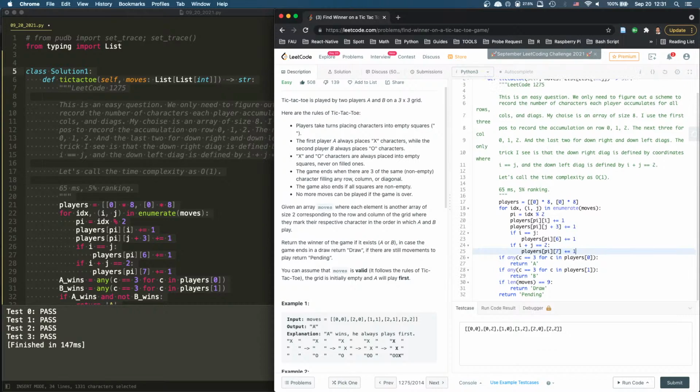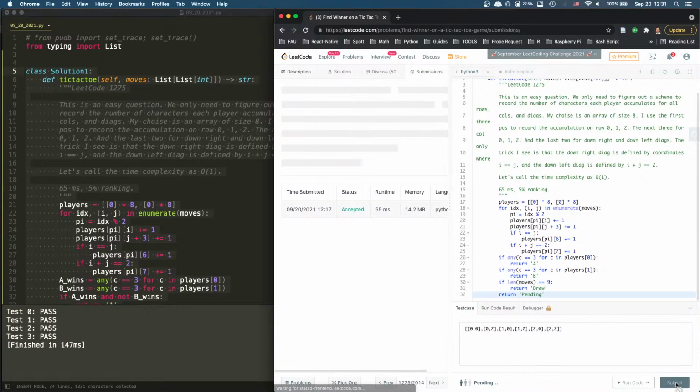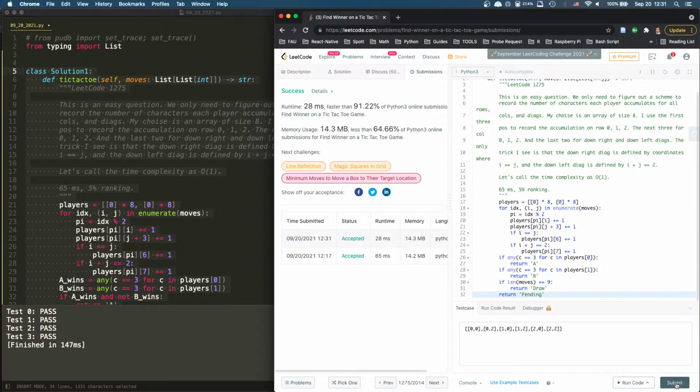So we don't need to check these two. So we can do this, and do this, and do this, and do this. Yeah. Let's see. Yep. Oh, look at that. So that is the trick. Because we check one of them wins, and then we don't have to check the other one. I think that's the reason.